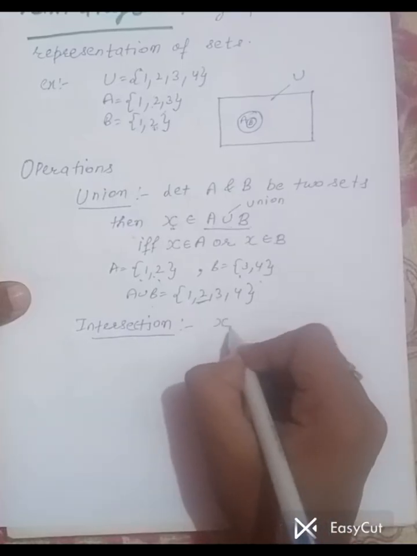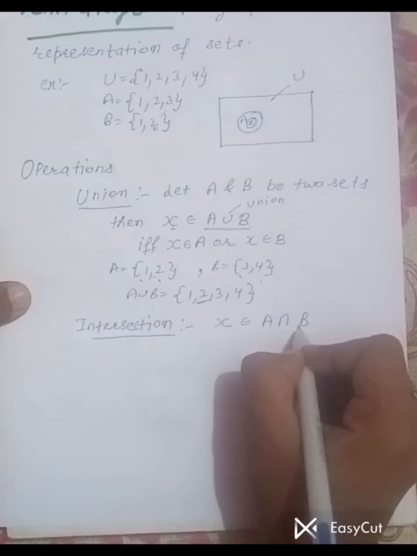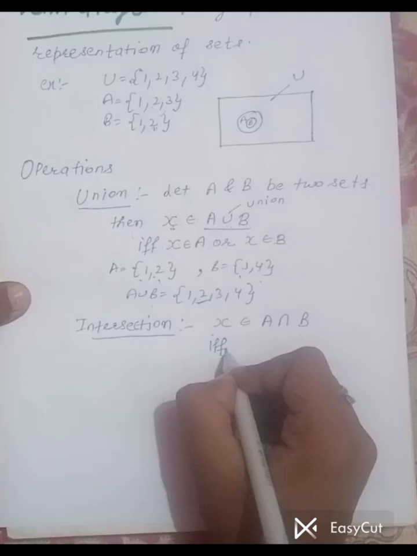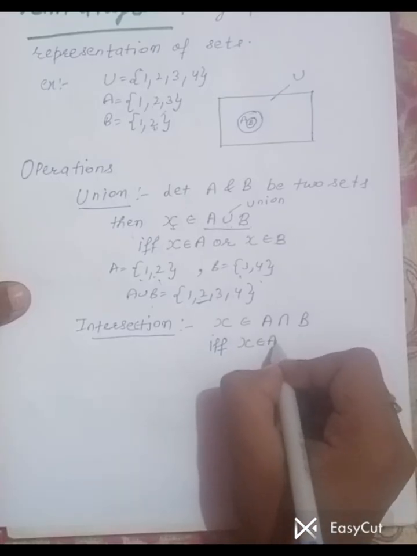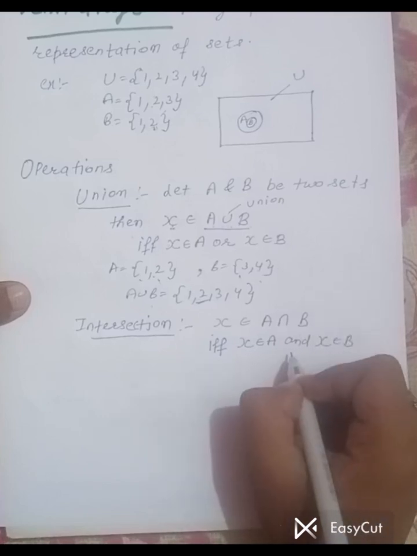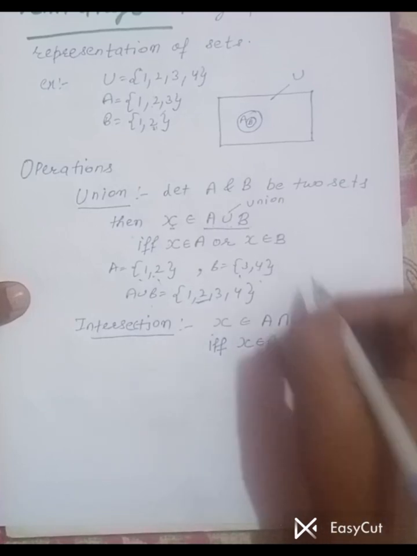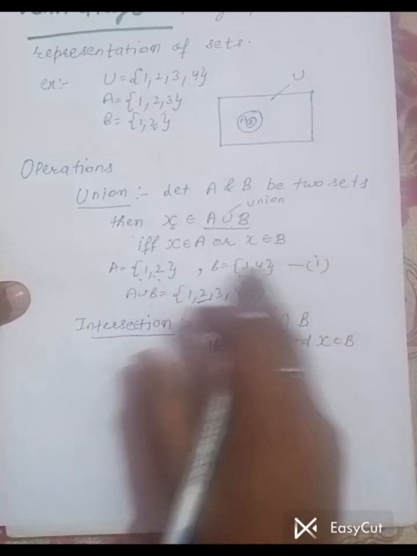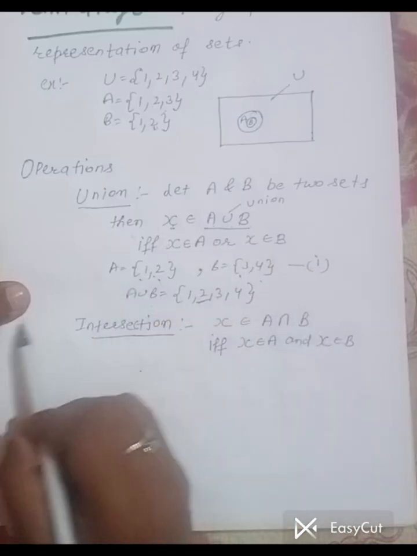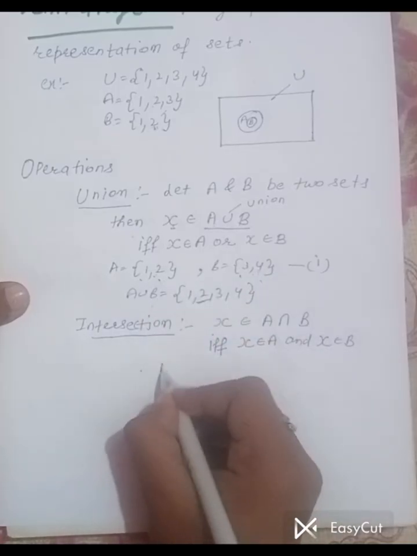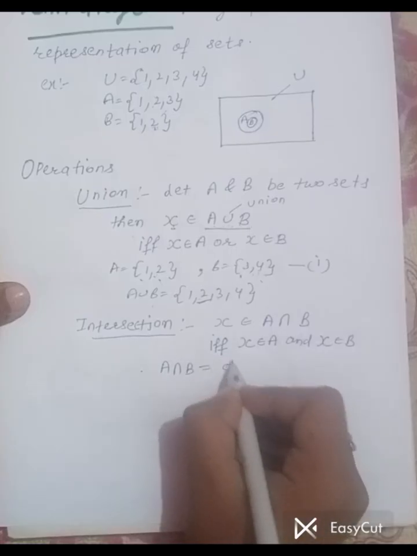So X belongs to A intersection B if and only if X belongs to A as well as X belongs to B. If we take A as {1, 2} and B as {3, 4}, in these two sets nothing is common, so it is obvious that A intersection B is equal to empty.